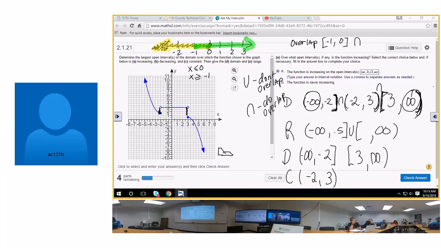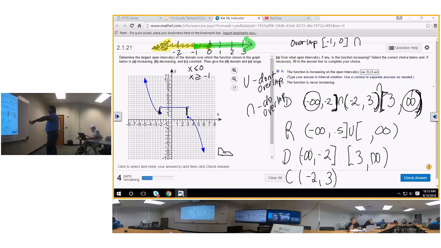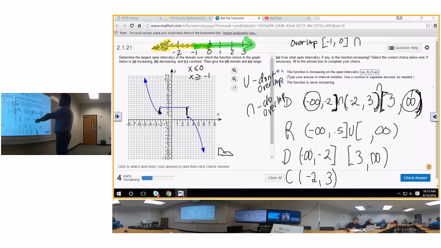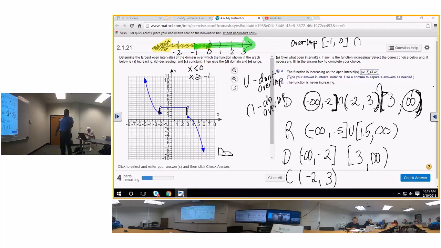Range is from negative infinity to 0.5 and from 1.5 to infinity. That, to me, is secondary to you getting the answer right. Okay? I'm concerned with the numbers. Okay? And make sure you understand what it means.